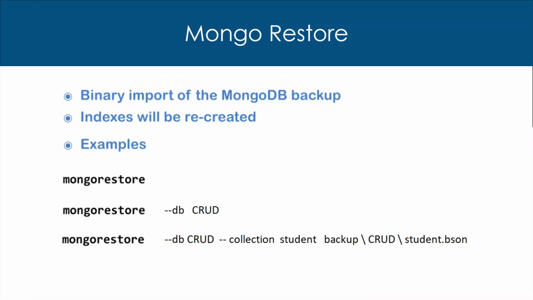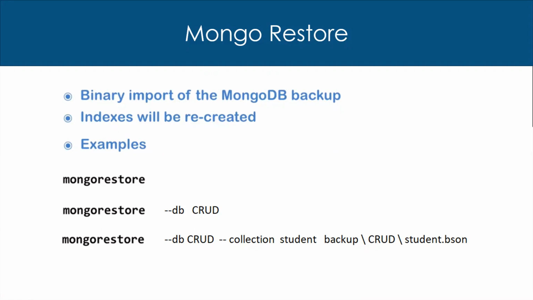If we just write mongorestore, it will restore every database, every collection, every document. Similarly, you can restore a particular database as well, and if you want to restore a particular collection, you can also do that. For that, you just have to mention the name of the collection.